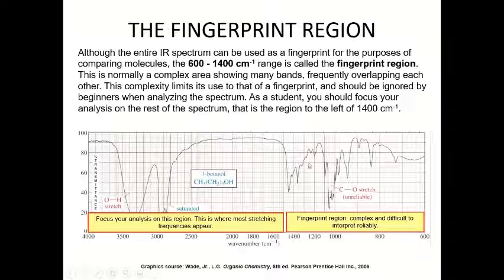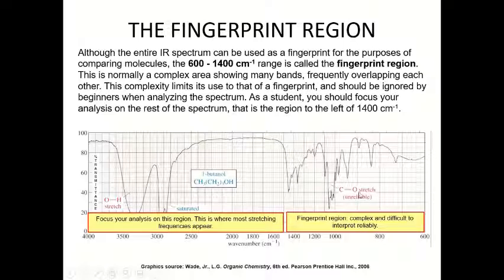Since this is a very complex region, if you get exactly the same signals and the spectrum overlaps with the reference spectrum, then you're talking about the same molecule. You must focus as a student in the functional groups region, and you should practice analyzing this type of spectrum in order to identify each of the functional groups that are present, right?